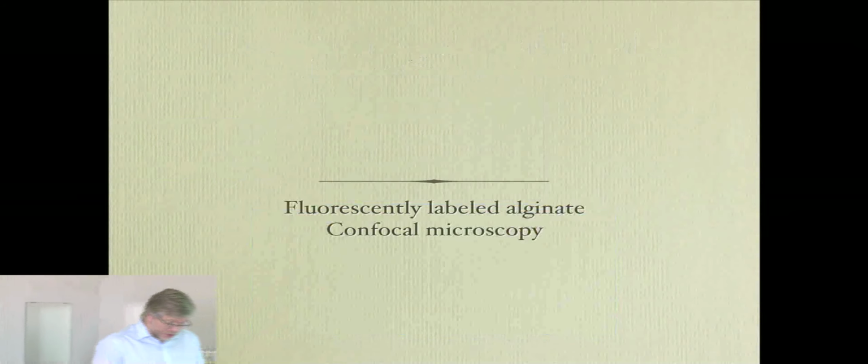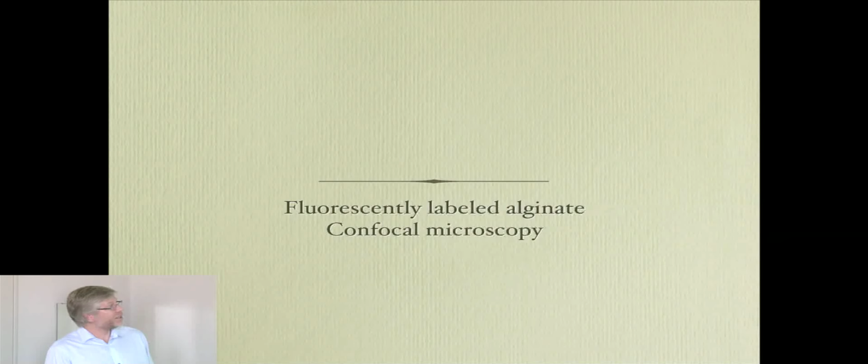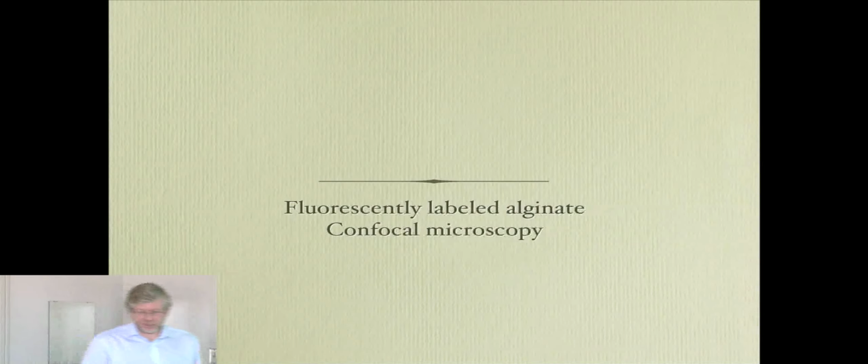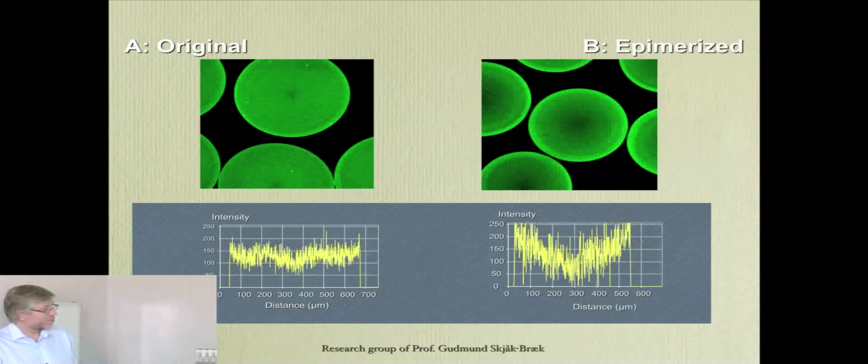So here is one example of how we can use an advanced technique, in vitro epimerization, to control homogeneity. And we have used, in this case, fluorescent labeled alginate, which we can observe by confocal microscopy. I got this from my colleague, Professor Gudmund Skjåk-Bræk.